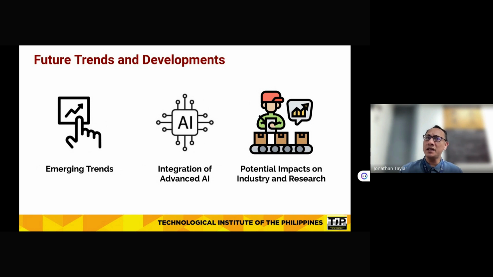Now, advancements in natural language processing nowadays are enabling AI systems to understand, generate, and interact with human language more effectively. We have some examples of that, like transformer-based architectures, like BERT, the bidirectional encoder representations from transformers, and the popular GPT, or ChatGPT as we call it.